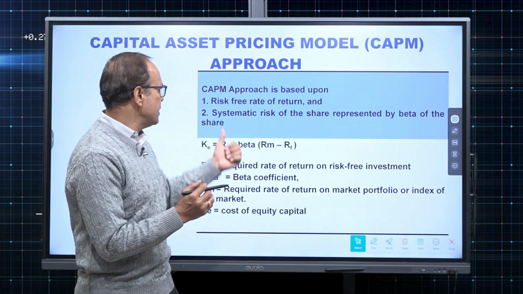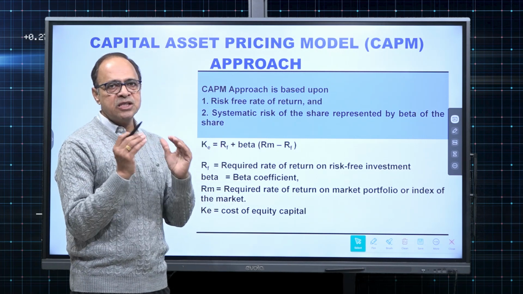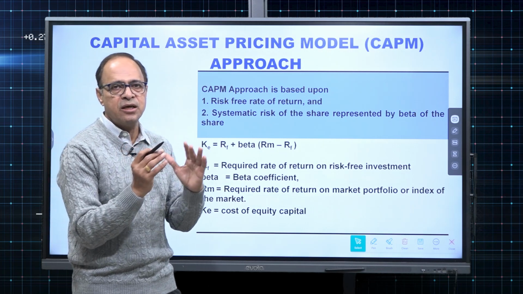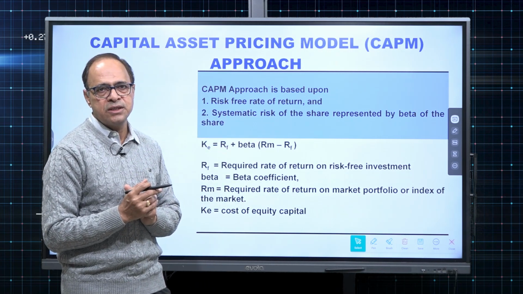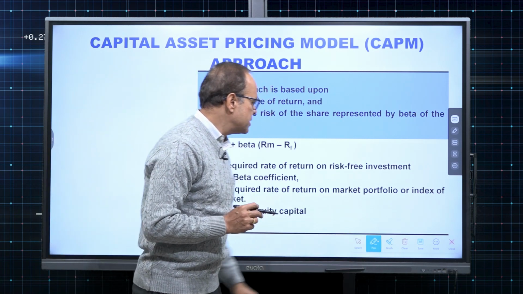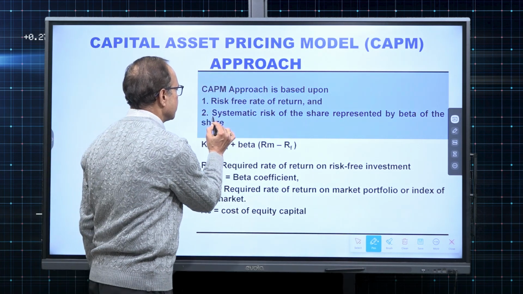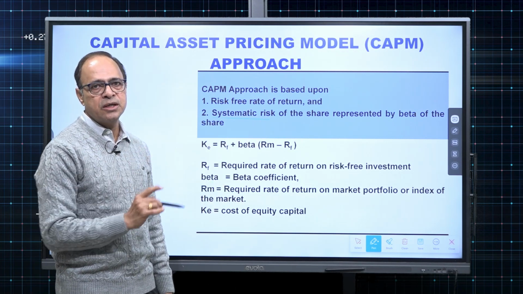So cost of capital in that case is based on these two fundamentals. That means minimum risk-free rate of return is always expected by the investors while making investment in the equity shares. Apart from that risk-free return, they need some compensation for the systematic risk, which is measured in terms of beta of the equity shares.